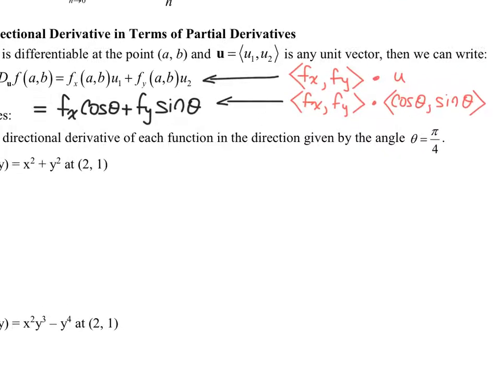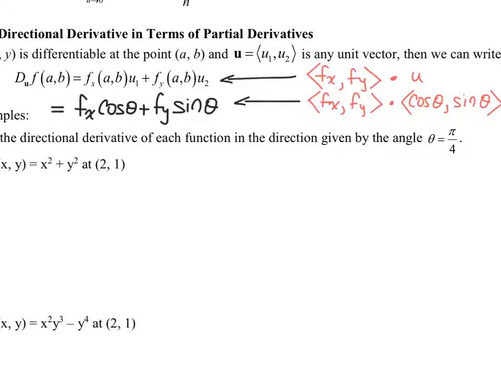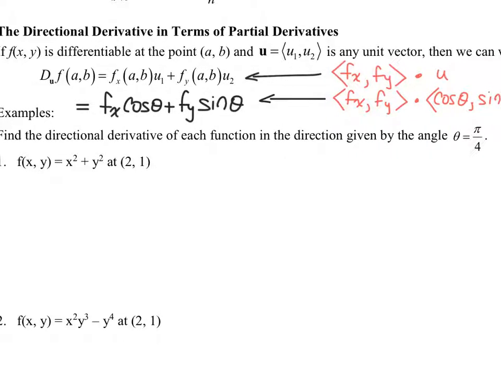At this point, we're just focusing on skills. So what we want to do is find the directional derivative of each function when you have a given angle theta. I have a coordinate, I have a function, so I'm going to find the partials. Partial with respect to x is just 2x. Partial with respect to y is just 2y.